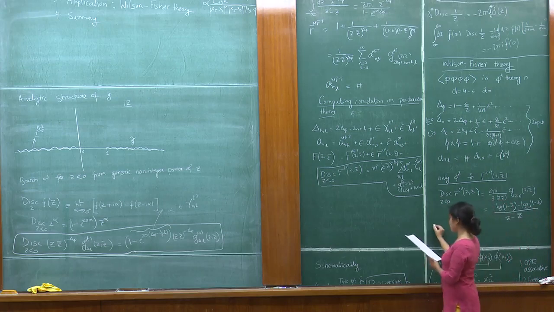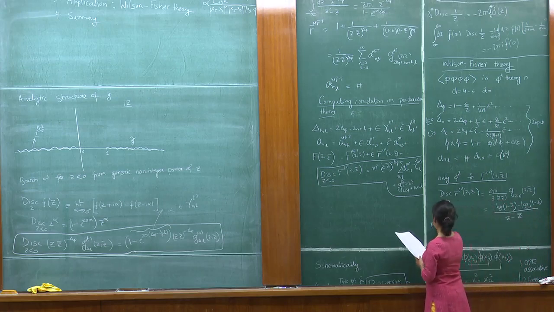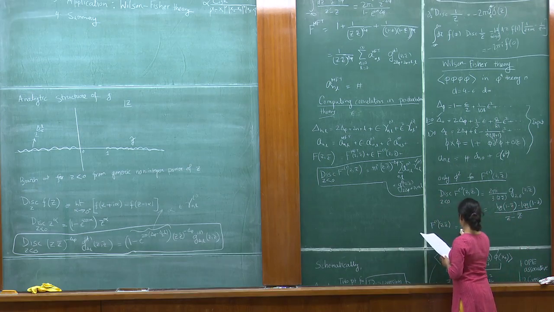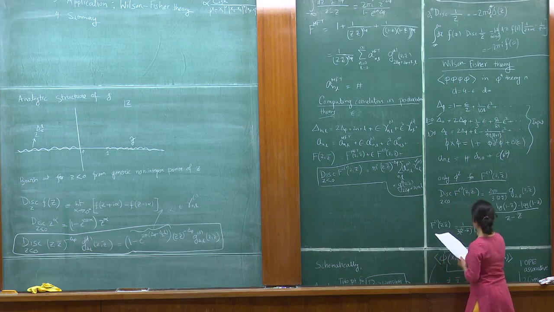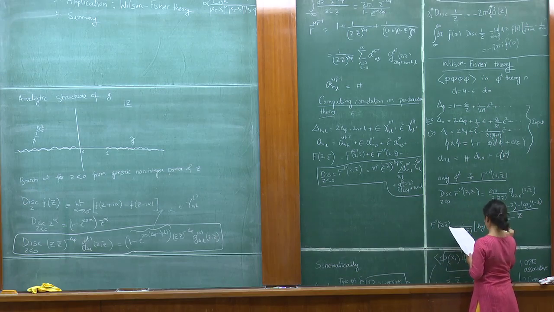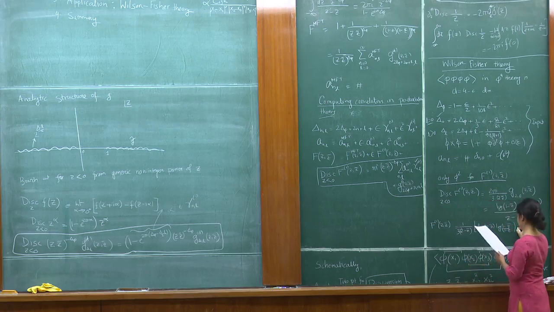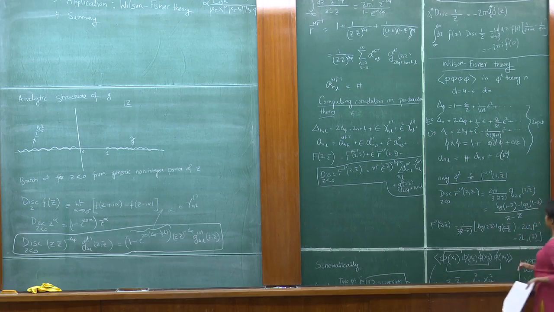So if we plug it in, we get this function, which is D2s, and D2s are there because we are integrating logs.